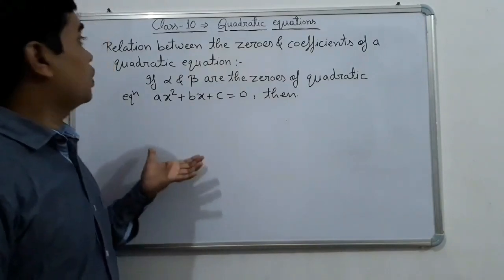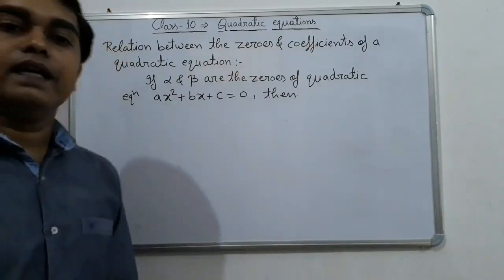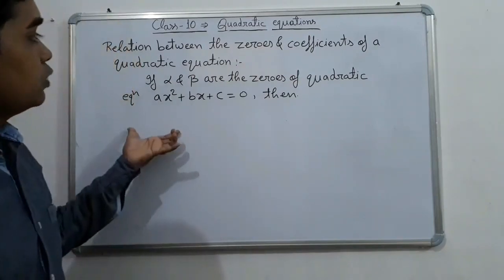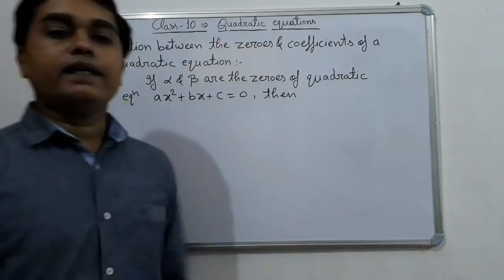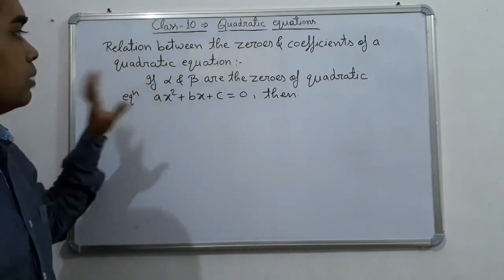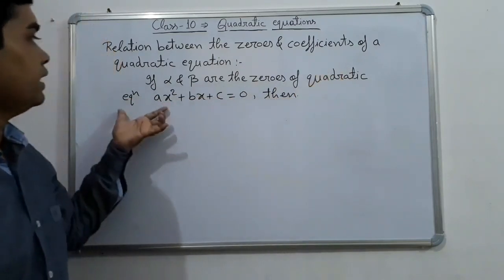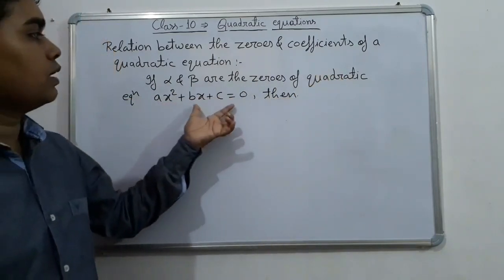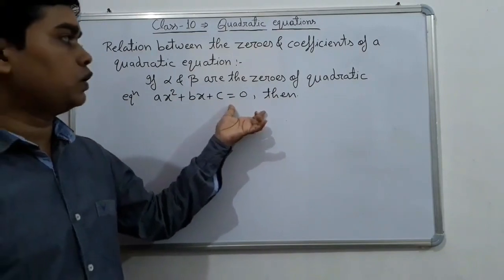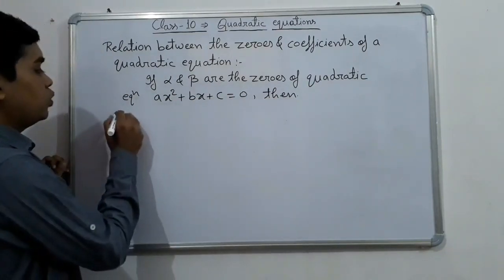Children, now see what is the relation between zeros and coefficient of a quadratic equation. So first thing I want to tell, for the quadratic equation there are two zeros possible. Okay. So suppose alpha and beta are the zeros of quadratic equation ax square plus bx plus c is equal to 0, then what is the relation? See, we have two relations.